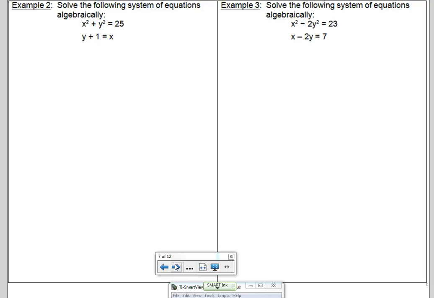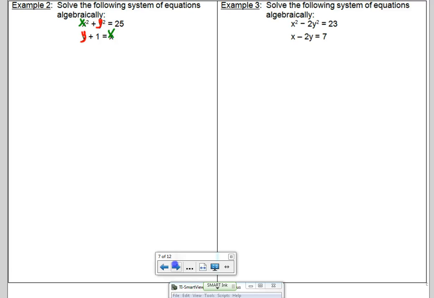So the next two both have an x squared and a y squared in it. So for these, again, you can substitute either one you want. However, you want to do the one that you think is going to be easier. So we have this y and this y are both the same y, and we have this x and this x are the same. So at this point, you have one of two options.